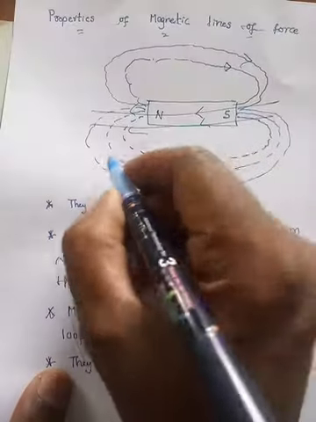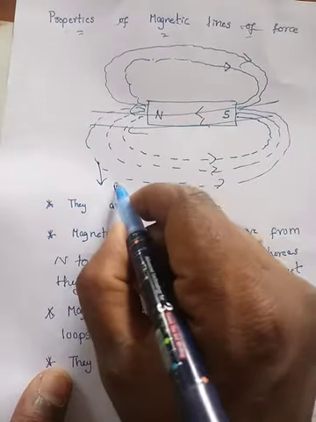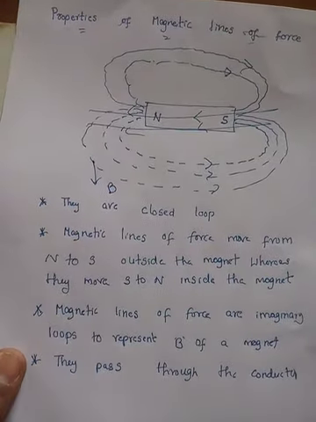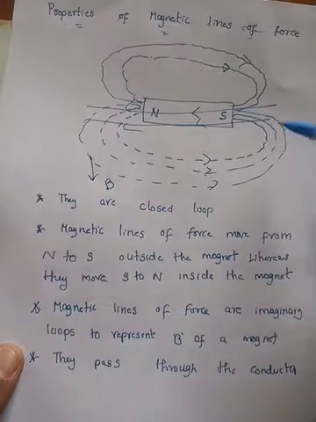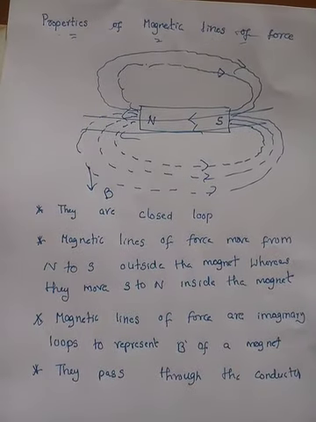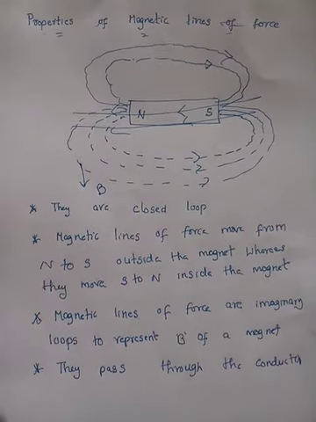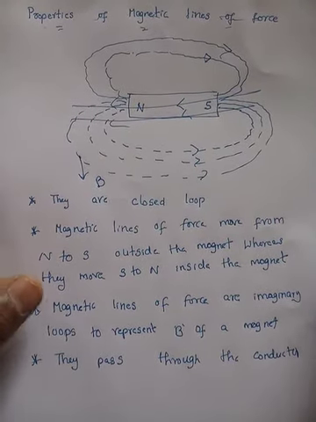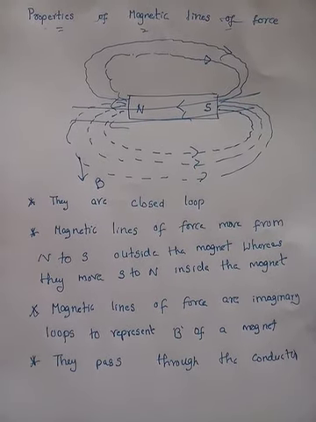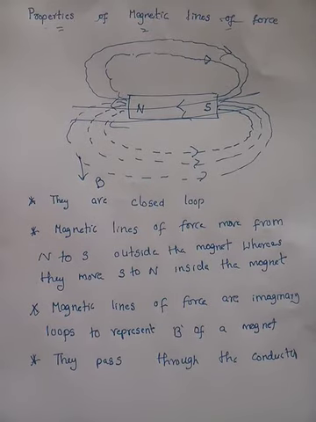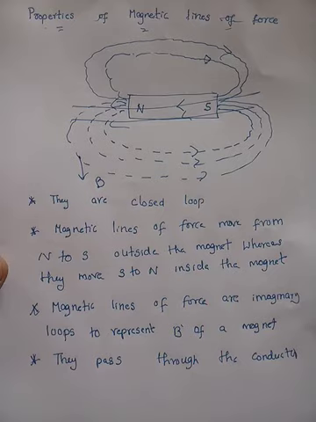If you want to find the magnetic field direction, you have to draw a tangent. This gives the direction of the magnetic field, and no two magnetic lines of force intersect each other. We know very well that if they intersect each other, at the point of intersection it has two directions, which is not possible. So these are the properties of magnetic lines of force.